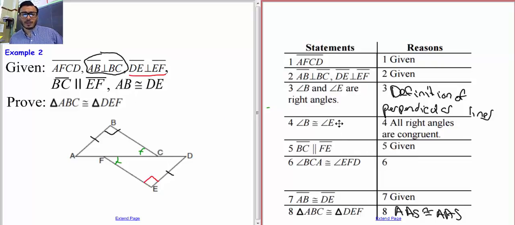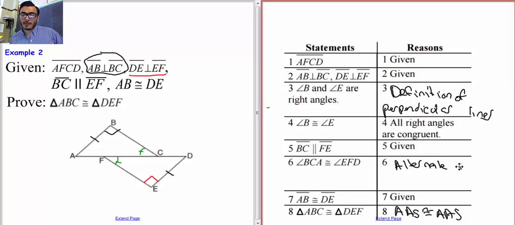EF, FE, same thing. Then they said angle BCA is congruent to angle EFD. So they're using those parallel lines to say that these two angles are congruent because parallel lines make what? Alternate interior angles. So that's the reason for number 6.